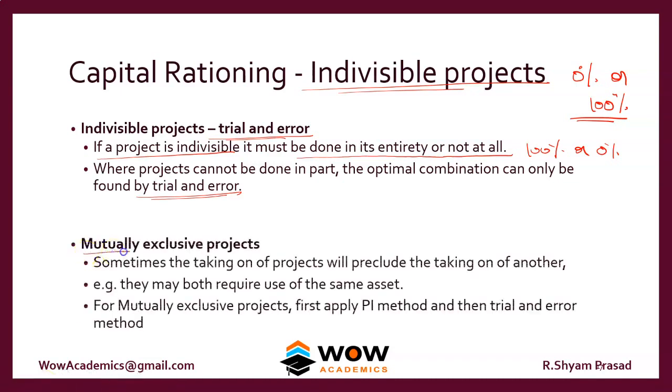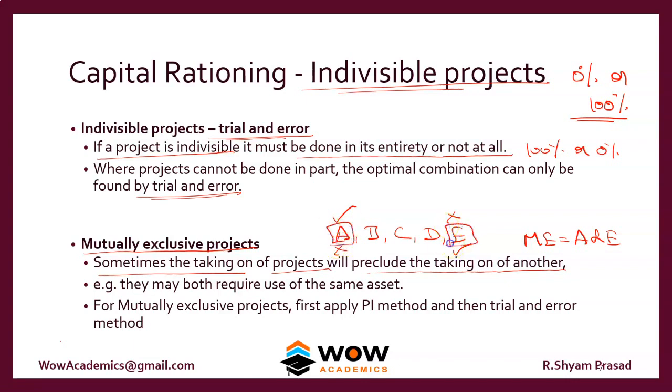There are also mutually exclusive projects. Sometimes the taking on of one project will preclude the taking on of another. We'll take an example of 5 projects: A, B, C, D and E. The problem states that there is a mutual exclusivity between A and E. That is, if you select A, you should not select E. If you select E, you should not select A. So either A or E can be selected, but both of them cannot be selected in a particular problem.